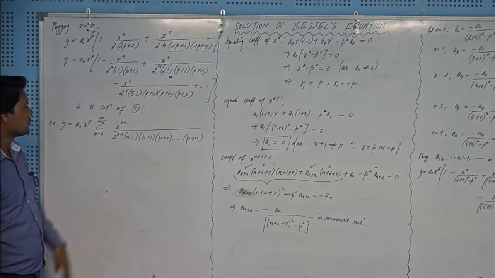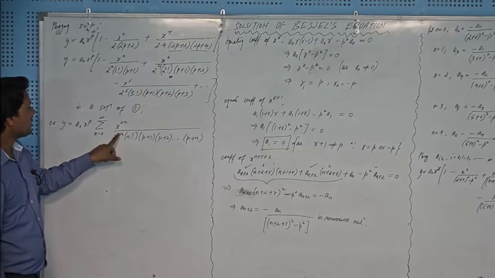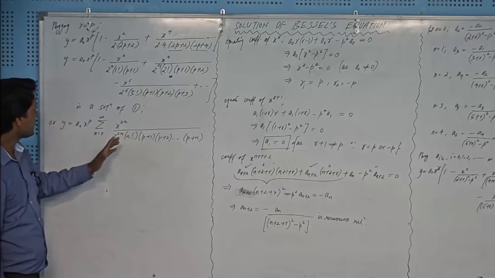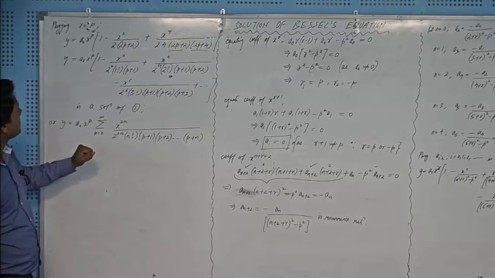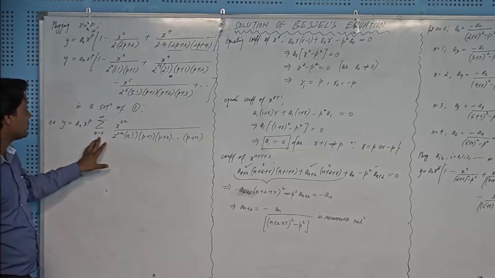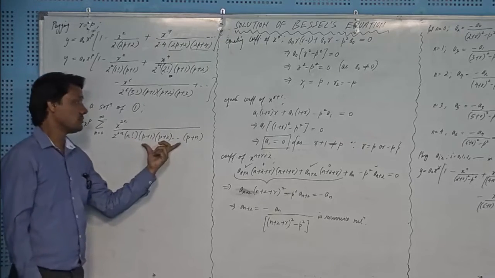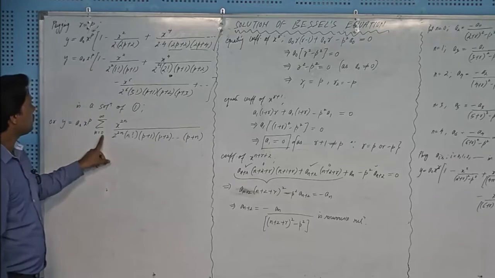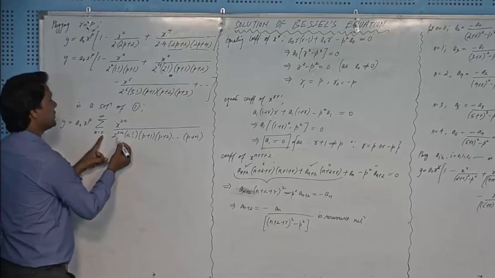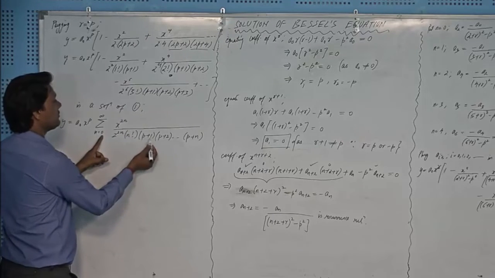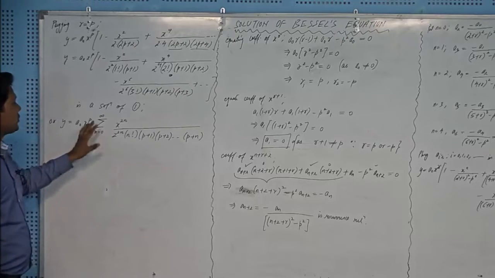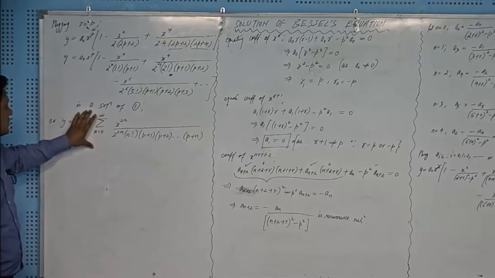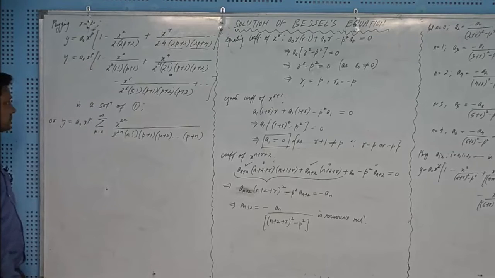If you put n equal to 0, you are getting 1, since n equal to 0 will not produce any of these factors, because the last is p plus 1. If you put n equal to 1, you will get x square, 2 square, and 1 factor p plus 1. Putting n equal to 0, 1, 2, 3 gives this series. So this is a generalized summation form of this solution, right?